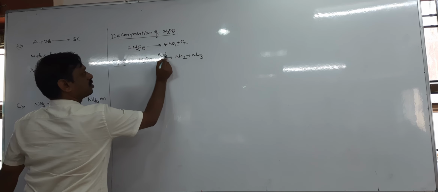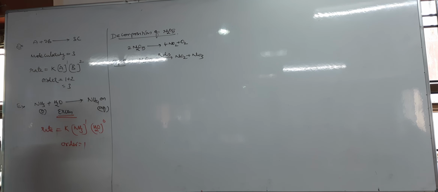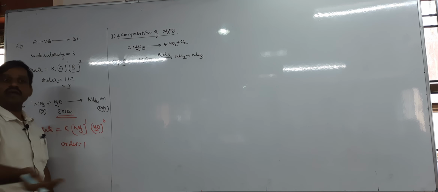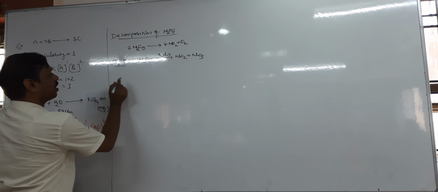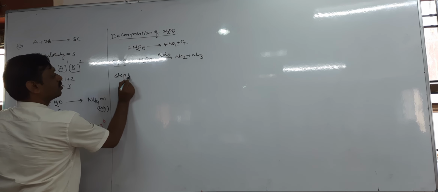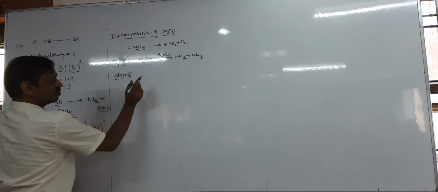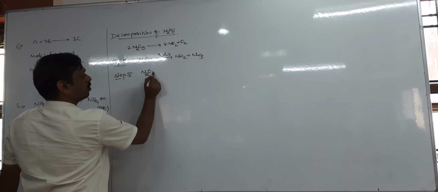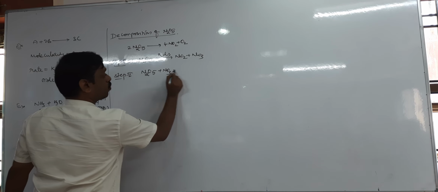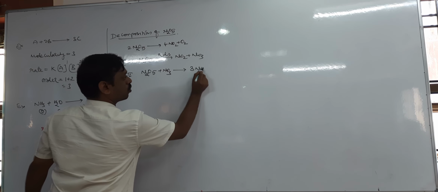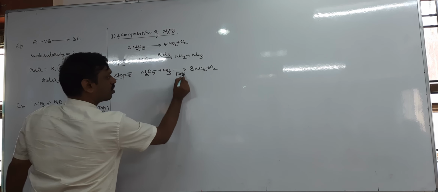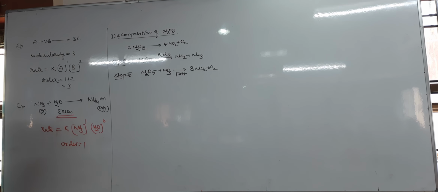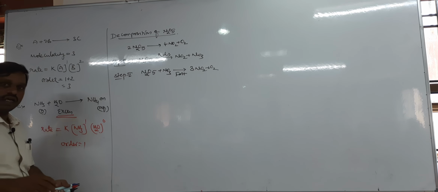This is the RDS. Why is this the RDS? It is the slow step. Who told it is the slow step? It is experimentally determined; it is an experimental value. Next is step 2. Another N2O5 also reacts with NO3 and forms 3NO2 plus O2. This is the fast step. The fast step you need not write; the slow step you write.